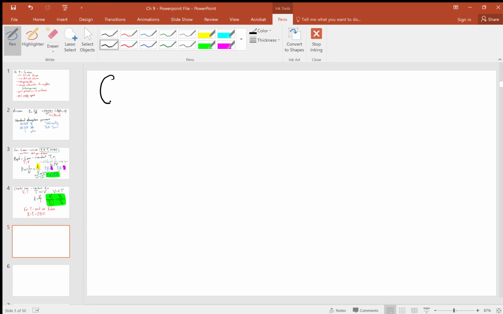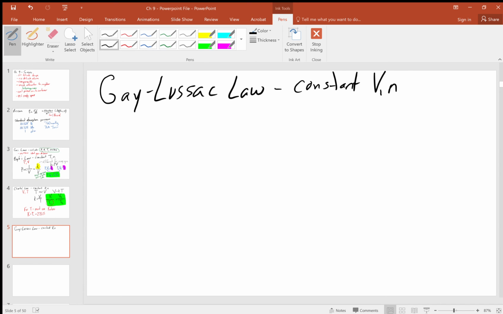The third of this group is known as the Gay-Lussac law. Now we have constant volume and number of moles. So here we're looking at the relationship of pressure and temperature. And so as we already talked about with our previous example, if our volume is constant and we increase the temperature of the gas, the pressure is going to go up.